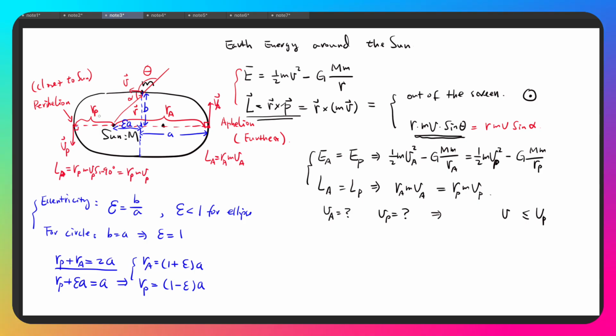As distance decreases, the speed of the Earth increases, and the lower bound is VA. At point A, the Earth has the slowest speed. That's why the Earth's speed is in between these two, and why these two points have some meaning. Let's figure out what these two speeds are at the two points. To do that, I need another page, so let's copy these two equations over.